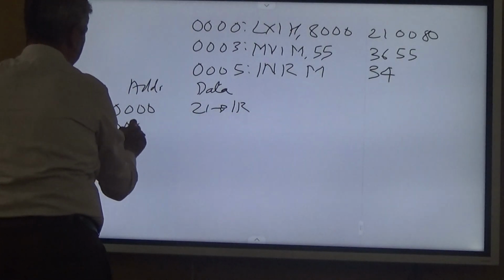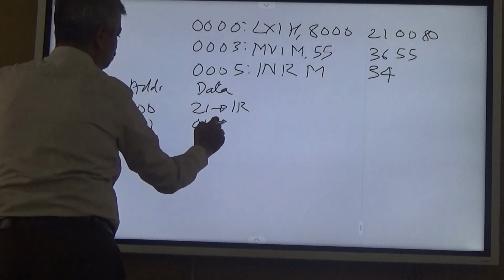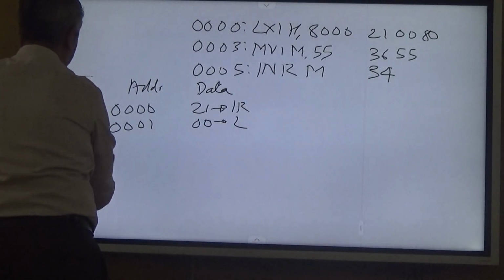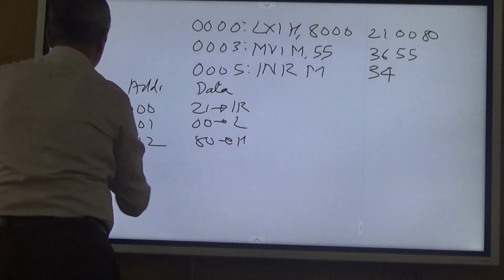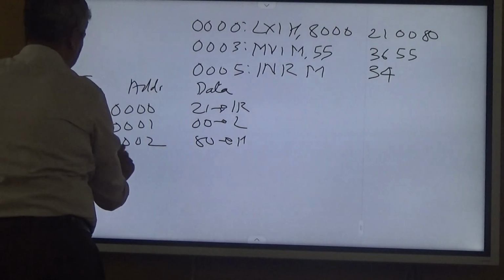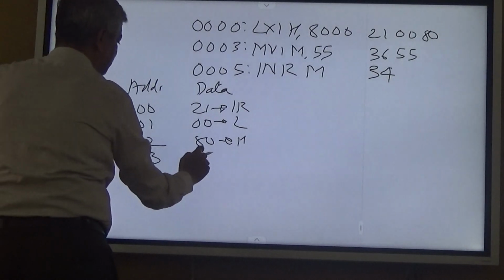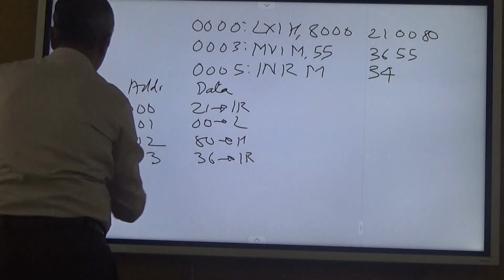Read 0001, 00 goes to L. Read 0002, 80 goes to H. Fetch 0003, 36 goes to IR.